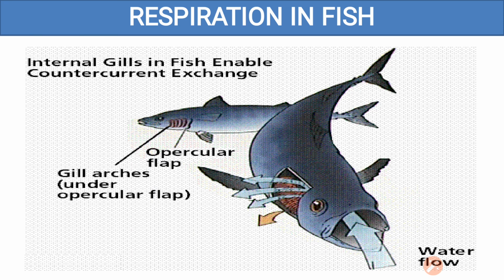You see the water flow moving through the mouth, passing through the gills, and then look at the operculum and then the gill arch under the opercular flap, which of course helps in the movement of the oxygen to the bloodstream. So internal gills in fish enable countercurrent flow.